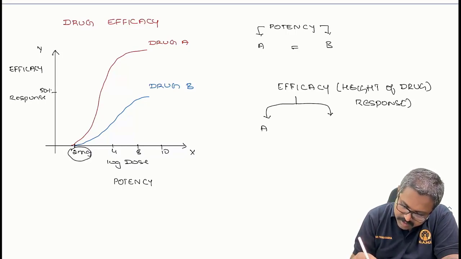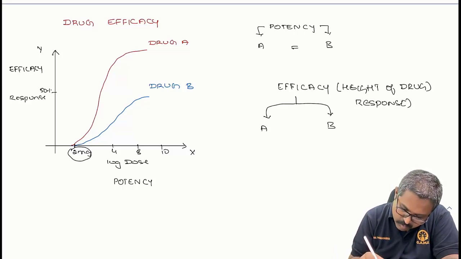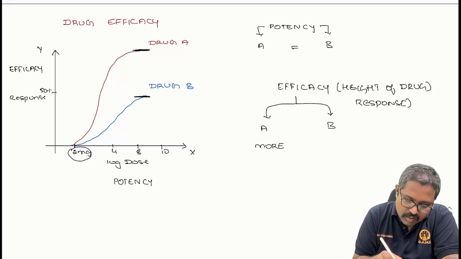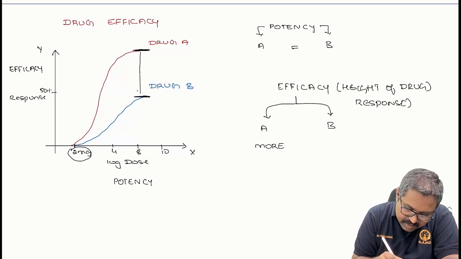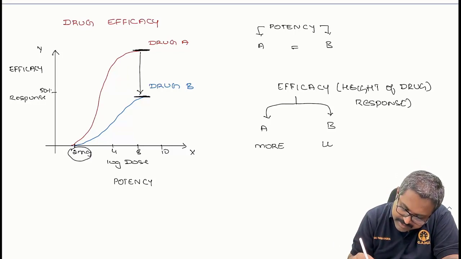So drug A and drug B. The height of drug A is more. See, this is the height of drug A, whereas the height of drug B is here. So the efficacy has decreased for drug B. The height is less.